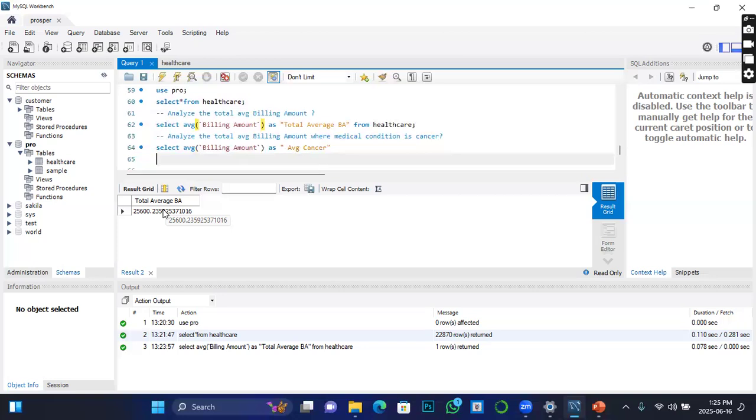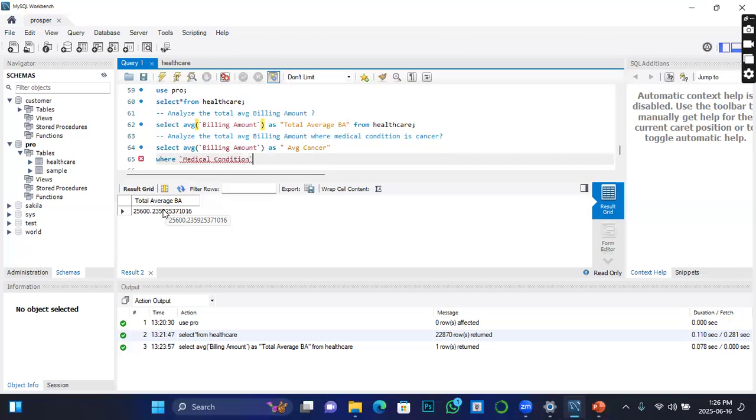Then let me break it here. Where medical condition, how is it written? First letter, yes, M is a capital letter. Medical condition, there's a space between them.